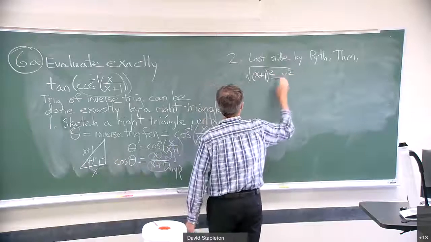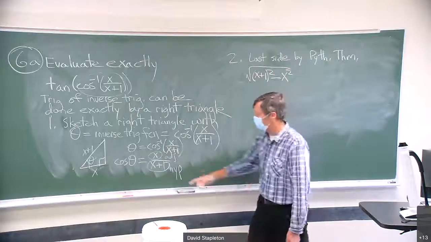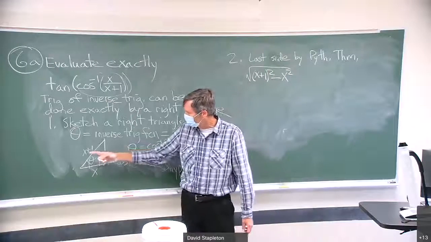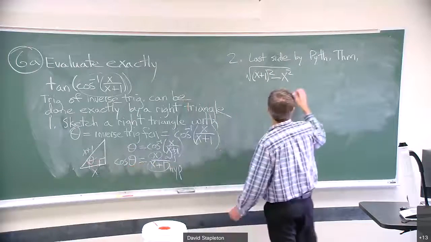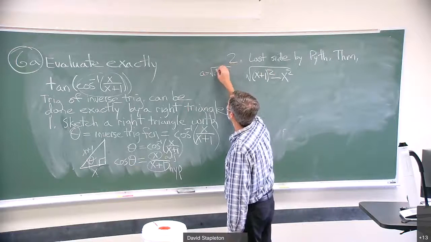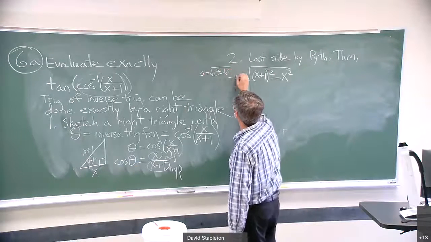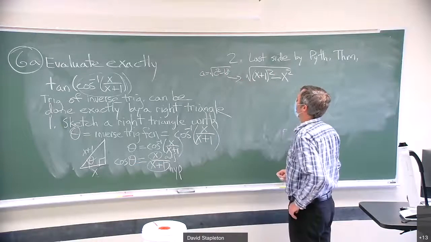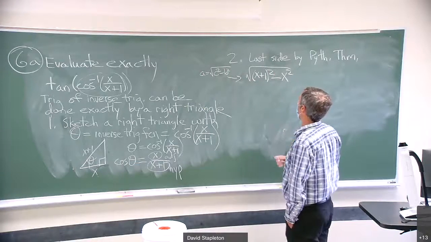This is the Pythagorean theorem solved for a leg: if you call it side a, a is the square root of c squared minus b squared. This is the length of the other leg.